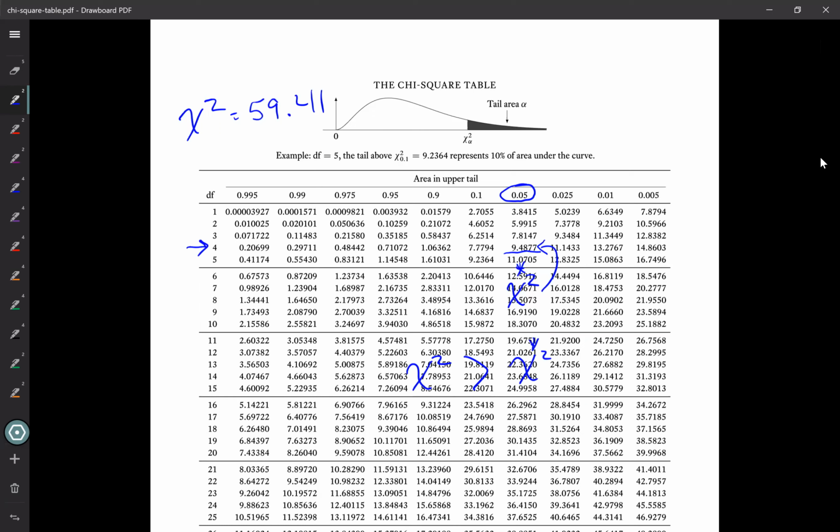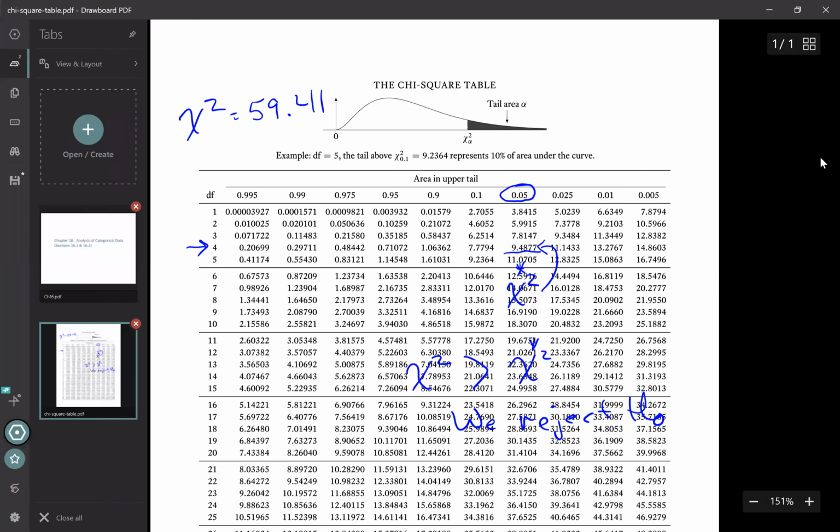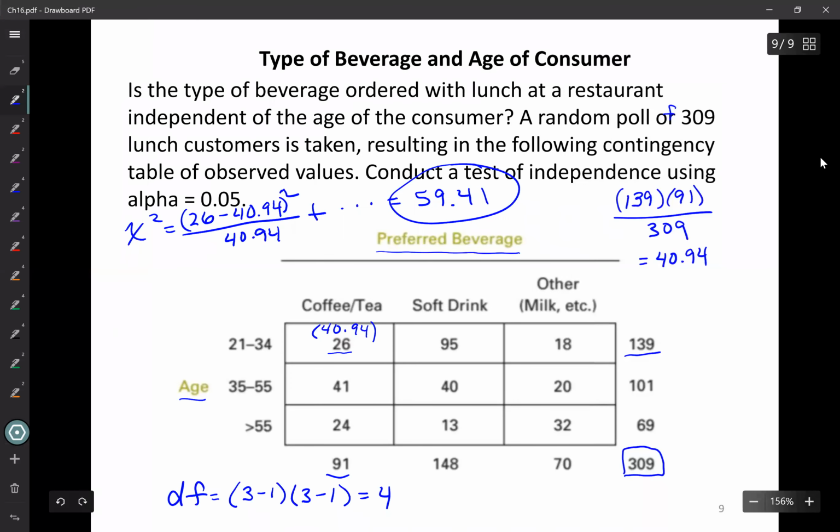And therefore we reject the null hypothesis that the two variables are independent. We can conclude that the preferred beverage and age are dependent on each other.